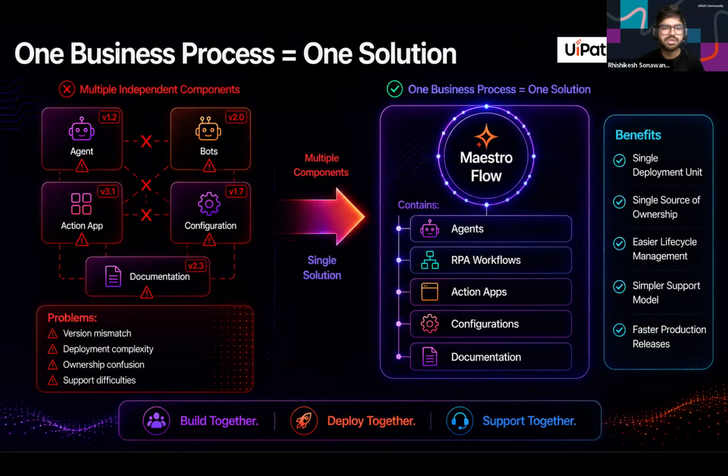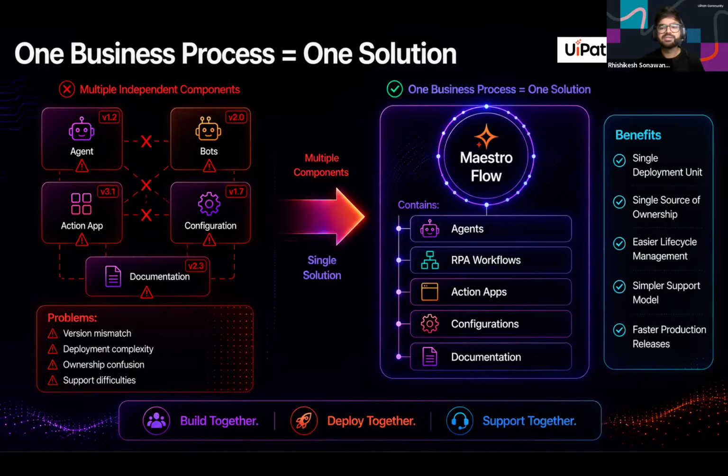That's why the recommended approach is on the right side. In Maestro, we can create a single Maestro solution that contains everything we require: agents, RPA flows, action apps, everything can be built inside Maestro itself.